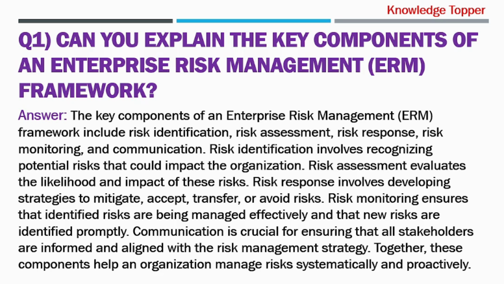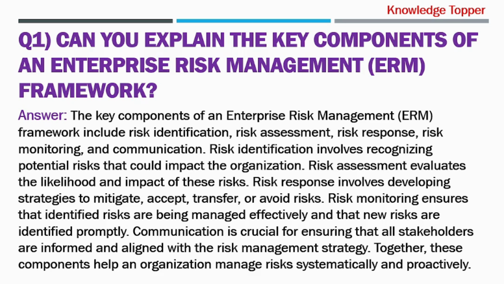So, how you can answer this particular question is that, well, the key components of an enterprise risk management framework include risk identification, risk assessment, risk response, risk monitoring, and communication. Risk identification involves recognizing potential risks that could impact the organization. Risk assessment evaluates the likelihood and impact of these risks.